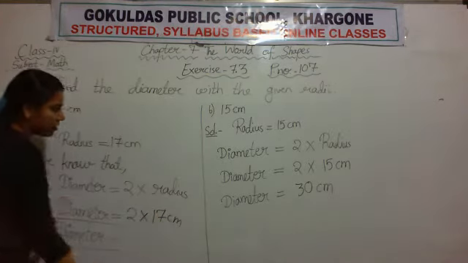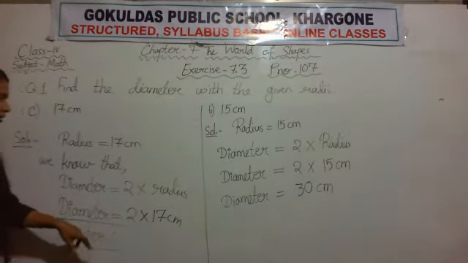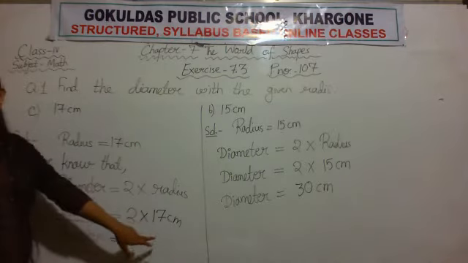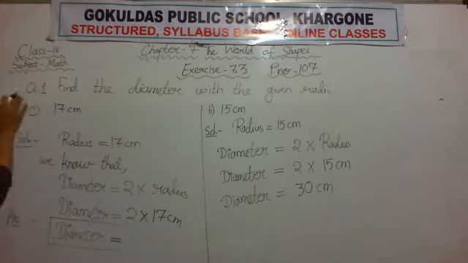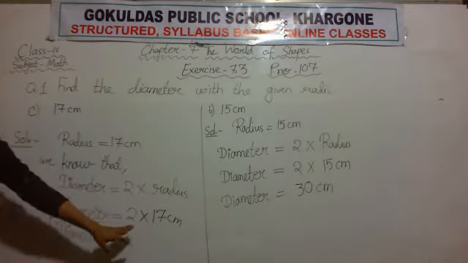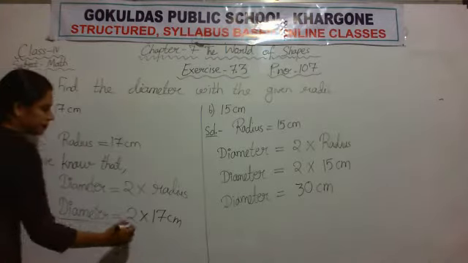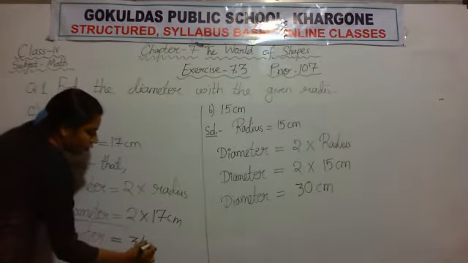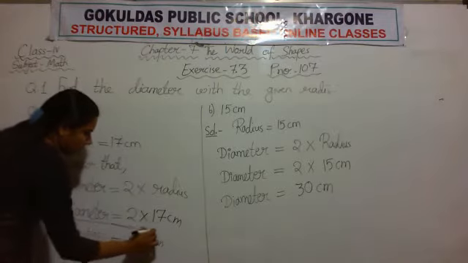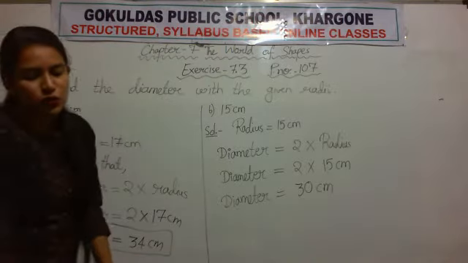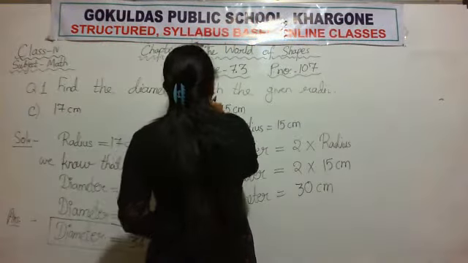Now in the next step, diameter is equal to 2 into 17. In rough work, you can arrange both the numbers column wise. When we multiply 2 with 17, our result is 34. So diameter is equal to 34 centimeter. Now let us do question D.